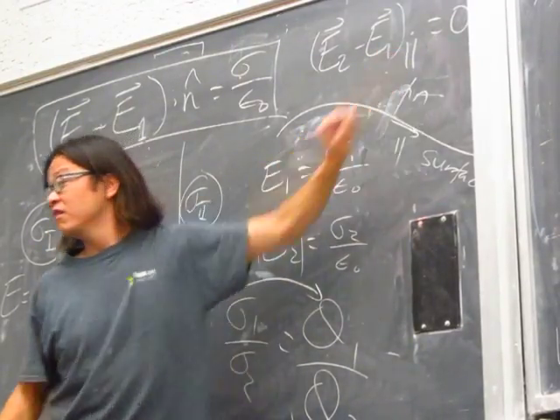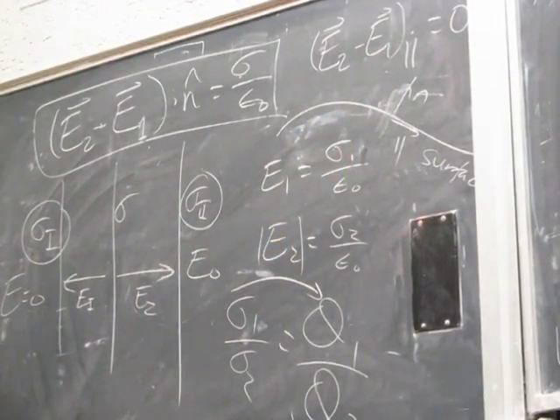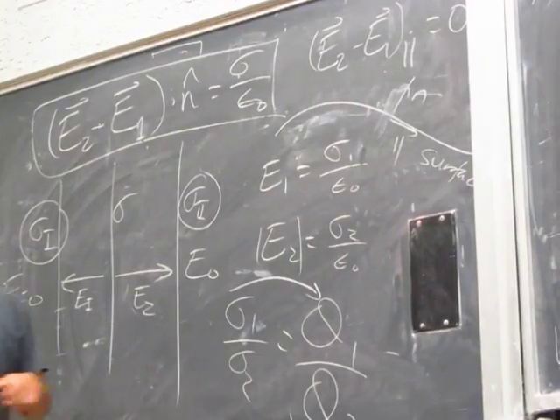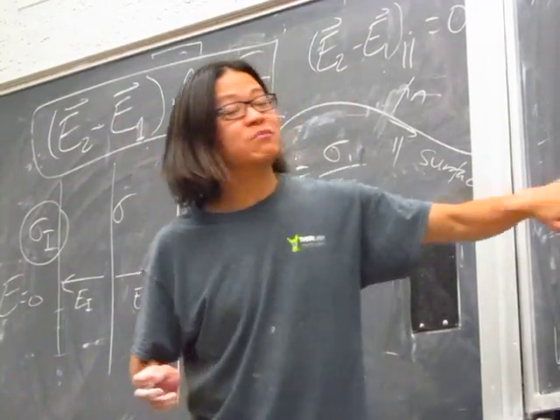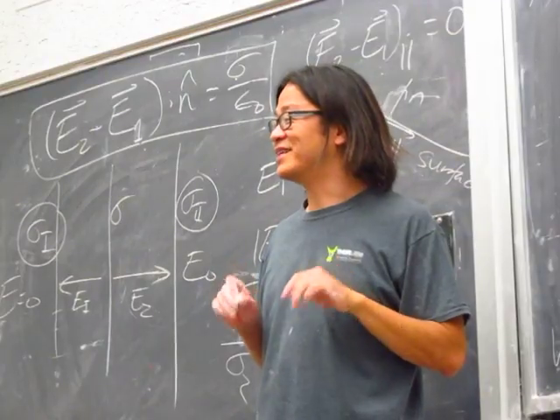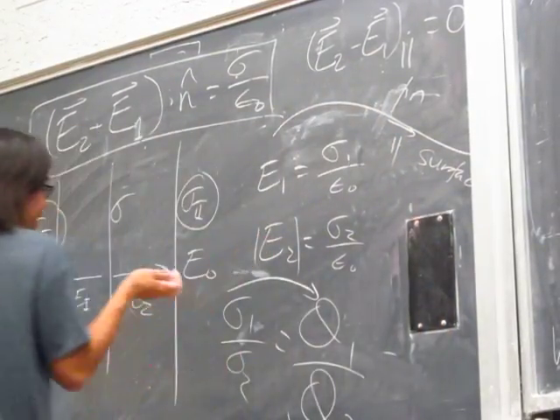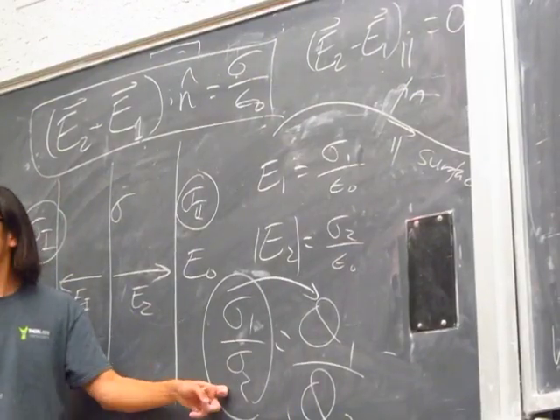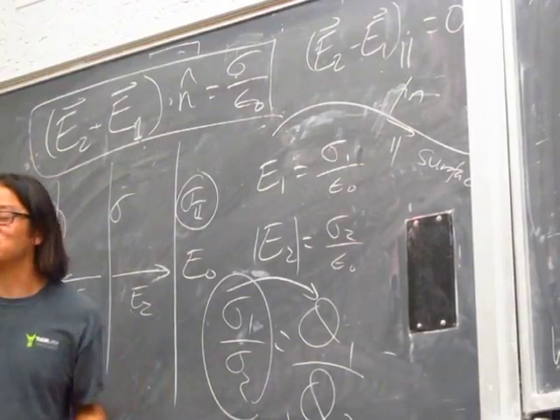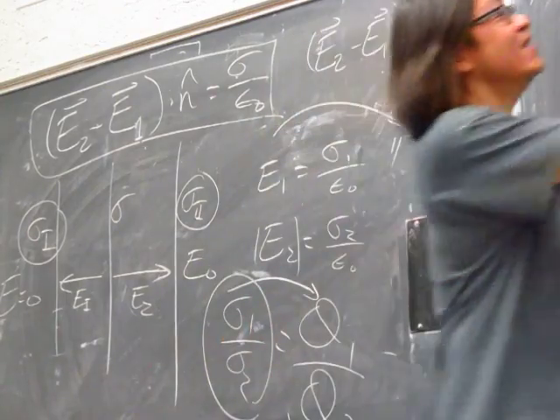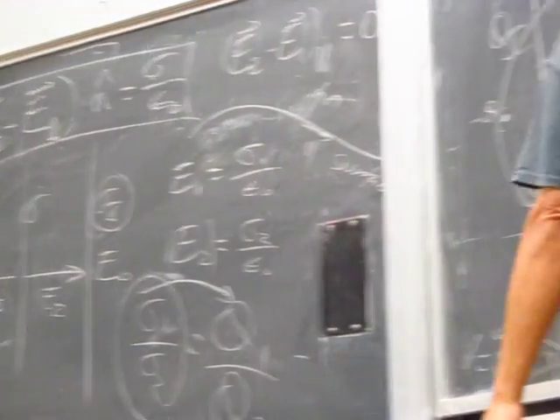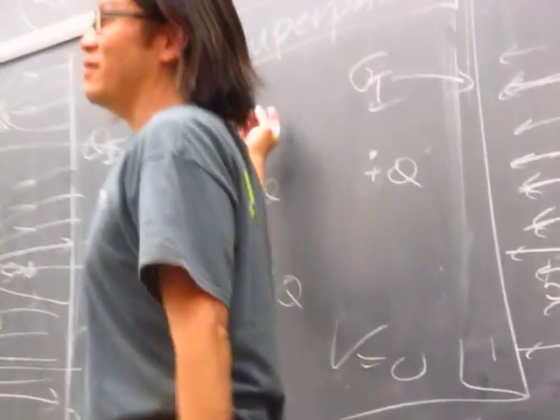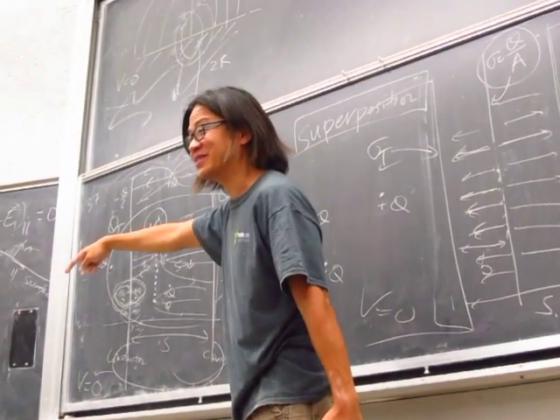But the normal part of the electric field is not. I'm just building this by principle of superposition. If I solve it for the wall, and I know the ratio, the same ratio has to be preserved by the principle of superposition. Basically, I'm doing the inverse of the principle of superposition.